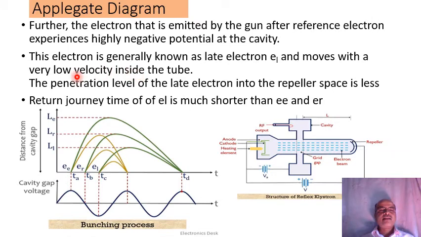The third case is the late electron. The electron that is emitted by the gun after the reference electron experiences a highly negative potential at the cavity. This electron is known as a late electron and moves with a very low velocity inside the tube. The penetration level of the late electron into the repeller space is less.